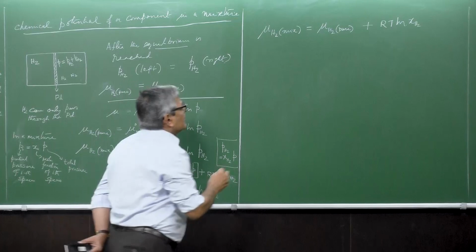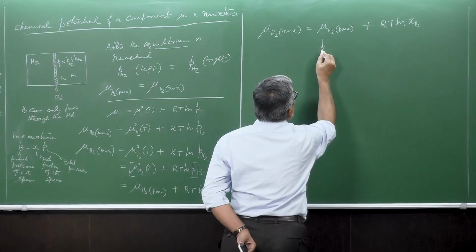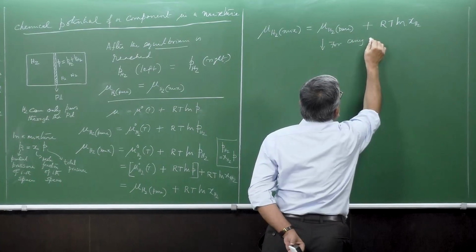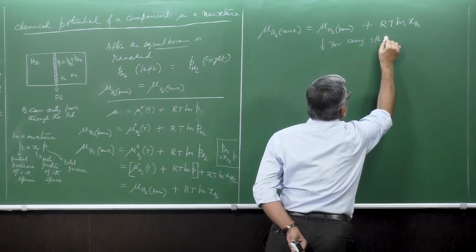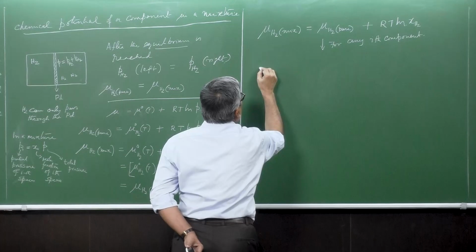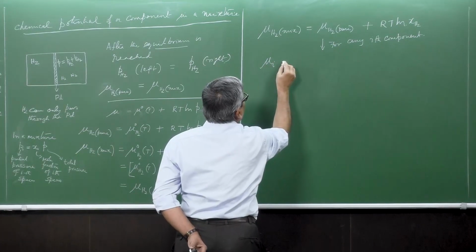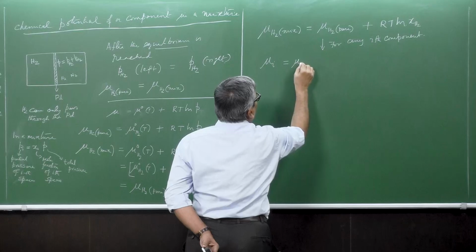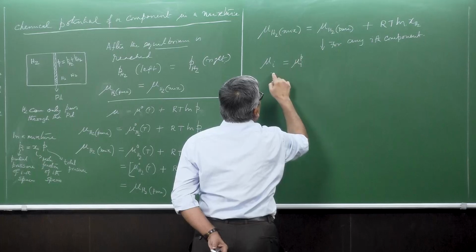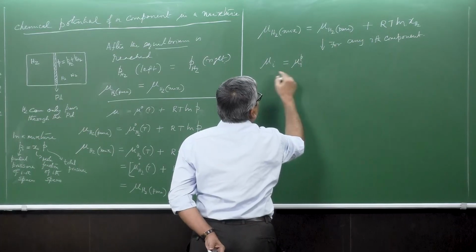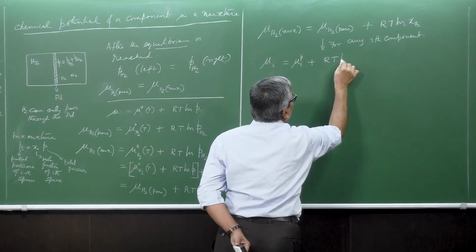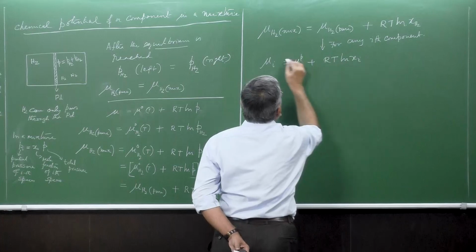So if I generalize for any ith component, I can write mu i in a mixture is mu i pure, P meaning pure, plus RT ln Xi.